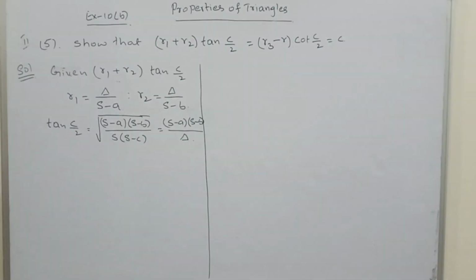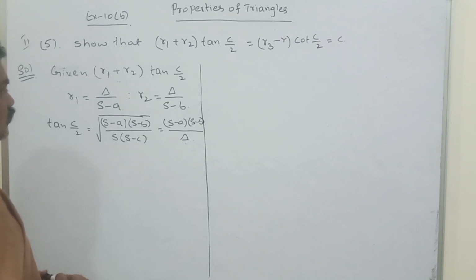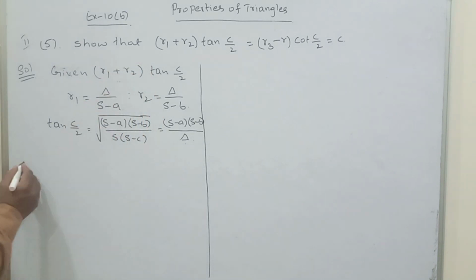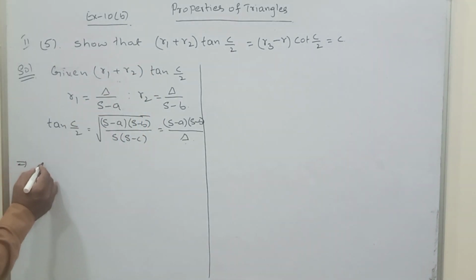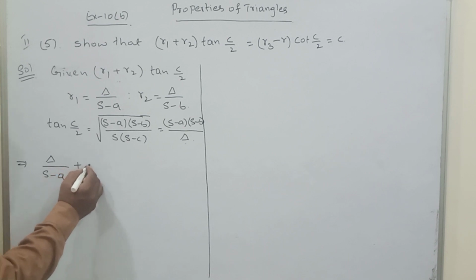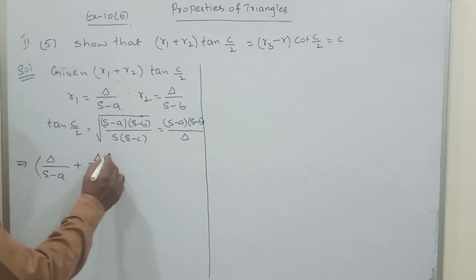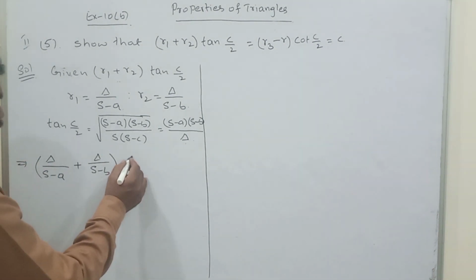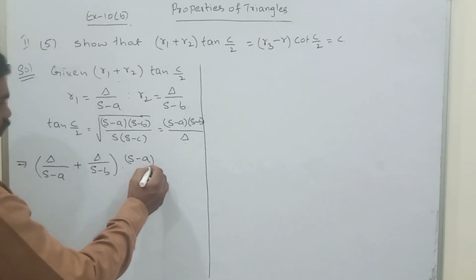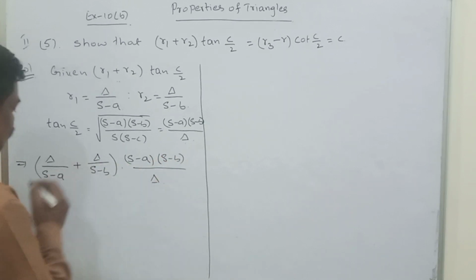You can write tan C by 2 is equal to S minus A, S minus B by delta also. Then you have to substitute there first R1 plus R2. R1 delta by S minus A plus R2 delta by S minus B into tan C by 2, S minus A into S minus B by delta.